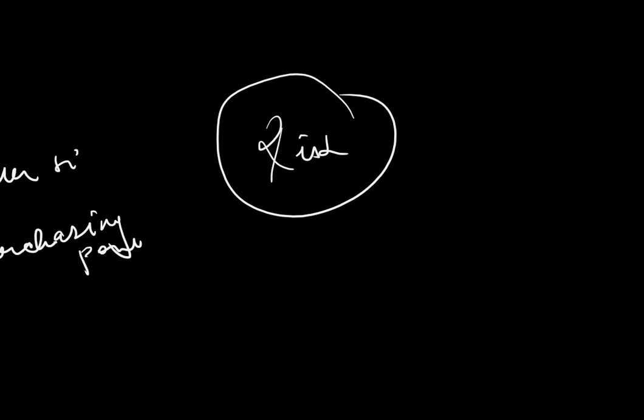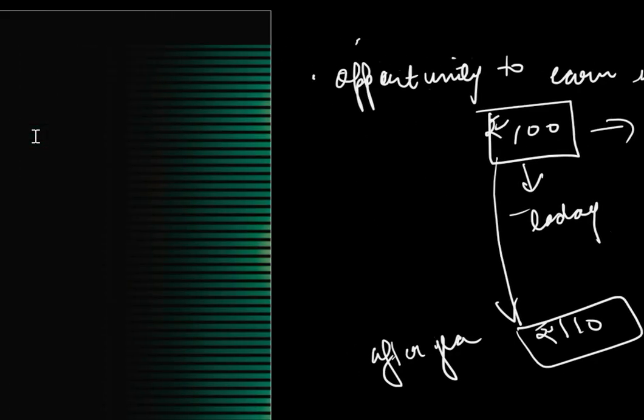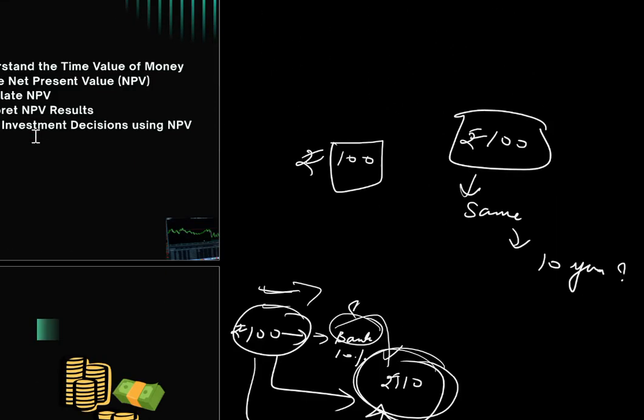The next reason is that most people prefer immediate consumption, because most of us prefer enjoying money today rather than waiting for several years. Therefore, future money is worth less than today's money. Because of that, we convert future money into today's value, and this process is called discounting.